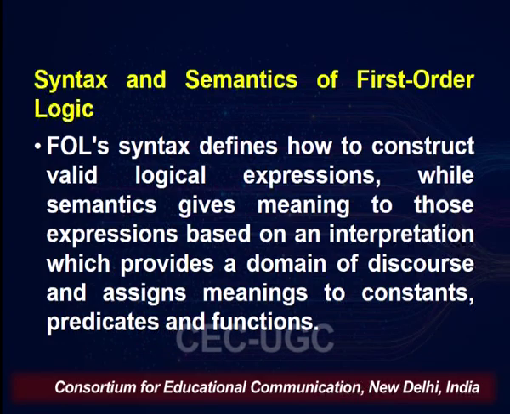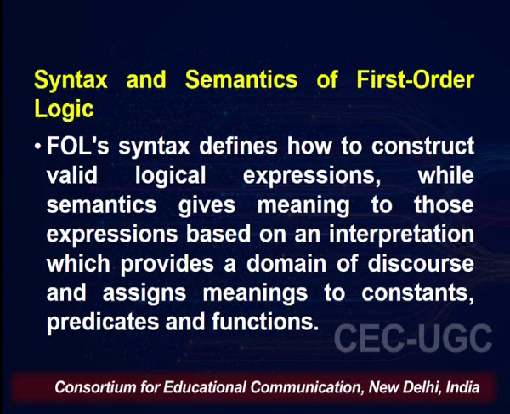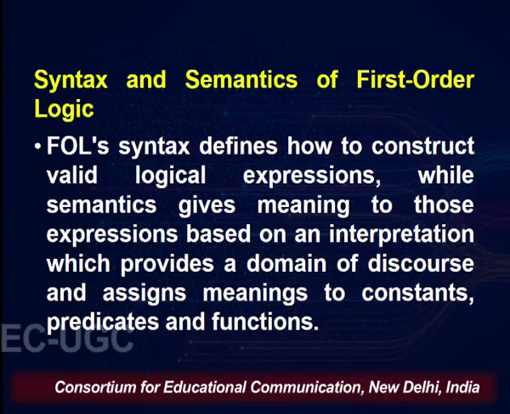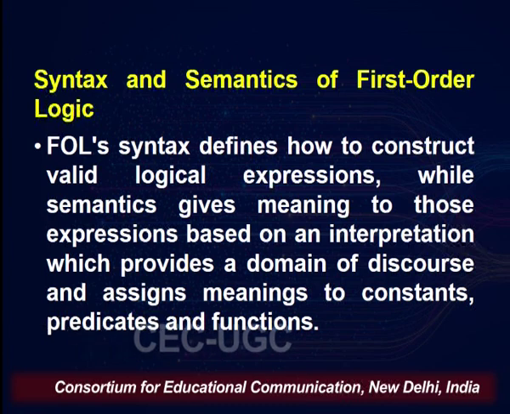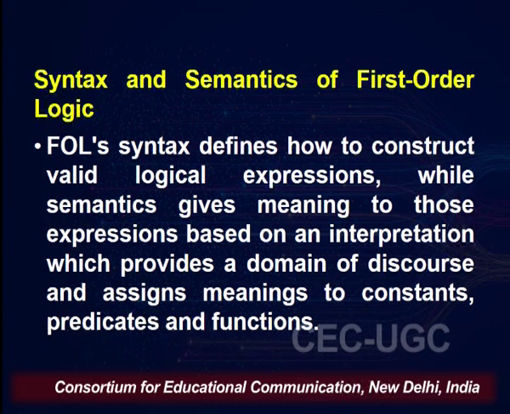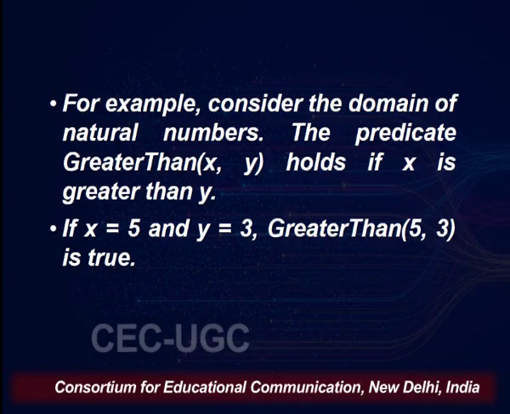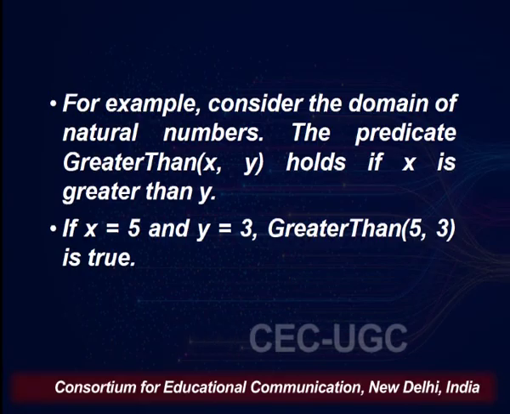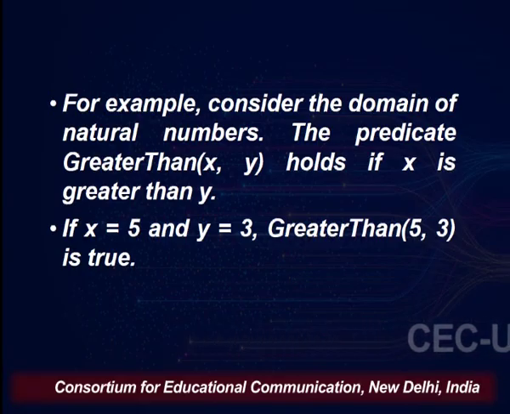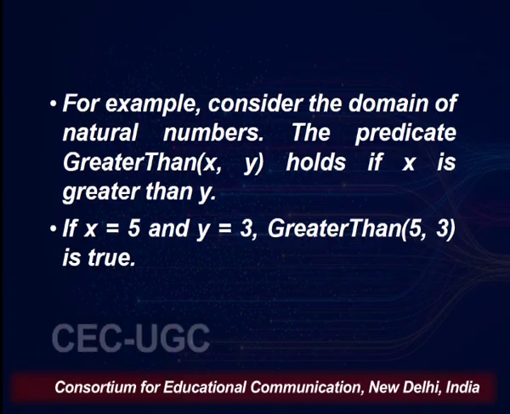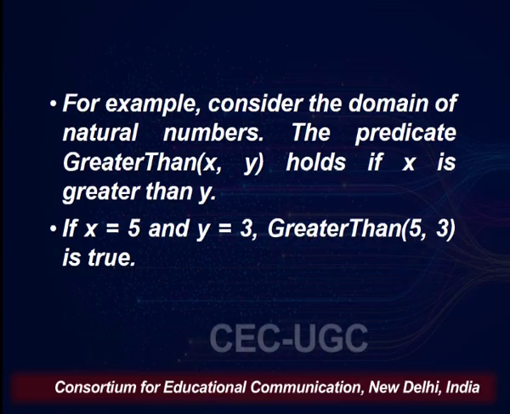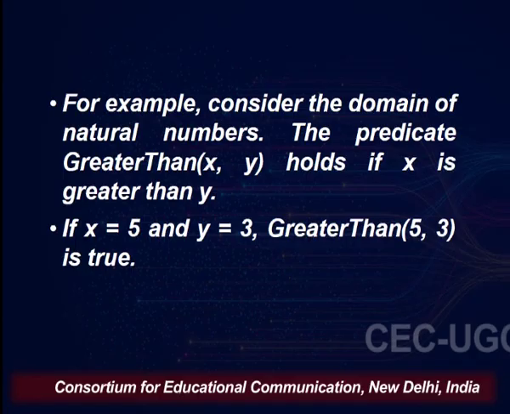This interpretation provides a domain of discourse and assigns meanings to the constants, predicates and functions too. For example, consider the domain of natural numbers, and a predicate greater than x comma y, which says x is greater than y, or we can say this predicate holds if x is greater than y.